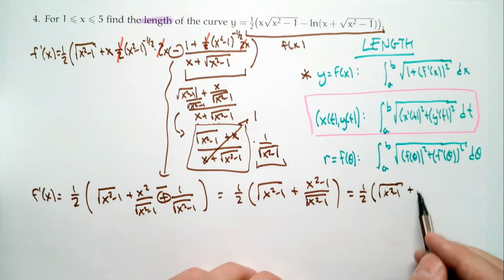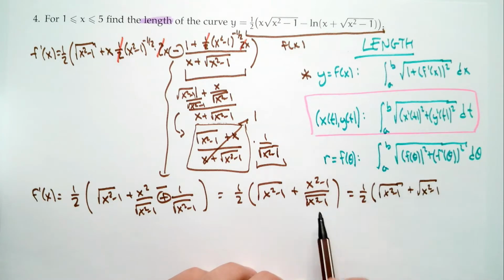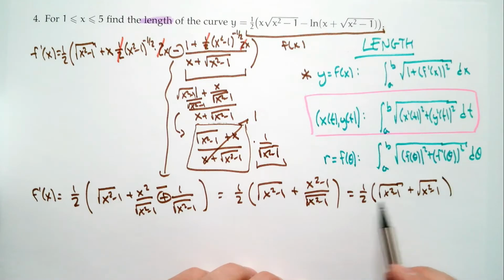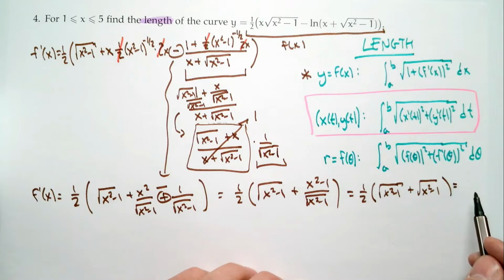The square root of x squared minus 1. Because if you look, they're both x squared minus 1, so it's just the upstairs is to the 1 power, the downstairs is to the half power. So I have a half of square root of x squared minus 1 plus square root of x squared minus 1. If I put that all together, what do we end up with? The square root of x squared minus 1.